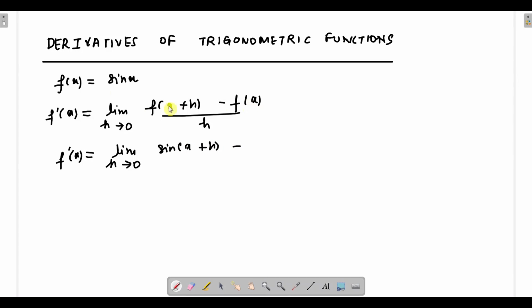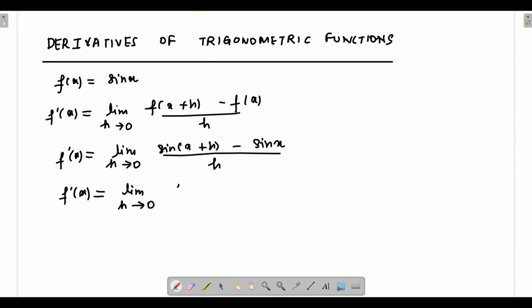Okay, minus f(x), which here is sin x, right? And then divided by h. So this will be nothing but f prime of x, limit h tends to 0. sin(x plus h) is what? This formula you have to know, and you know it.